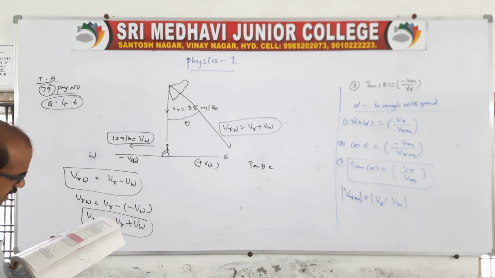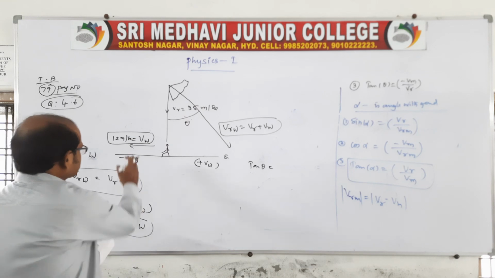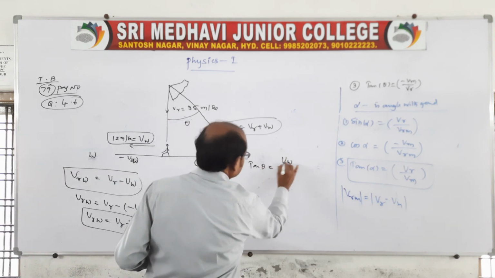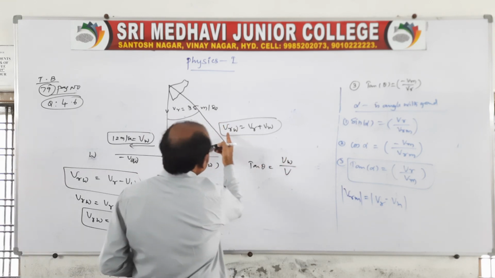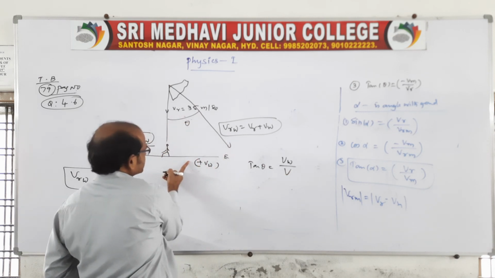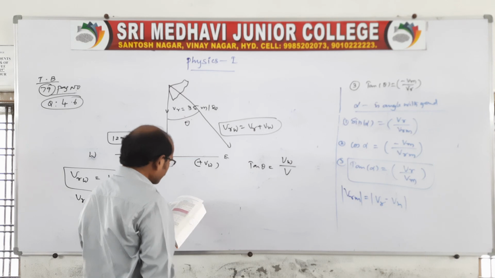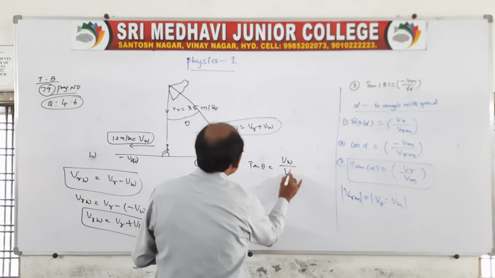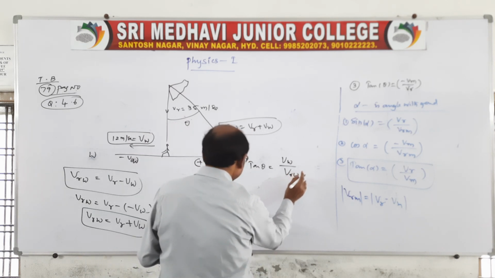Vm by Vr is nothing but the rider velocity that is given, so Vw by Vr. This is theta, opposite by hypotenuse, right? Hypotenuse is Vrw, or the rain velocity.